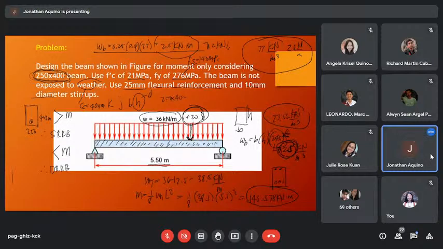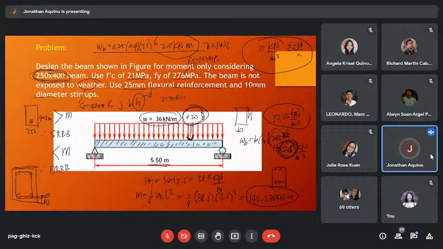So D, okay, this is the beam. Assuming doubly reinforced rectangular beam, we have concrete cover, which is equal to 40. Then we have diameter of stirrup, which is equal to 10 millimeter. Then the size of main reinforcement is 25.